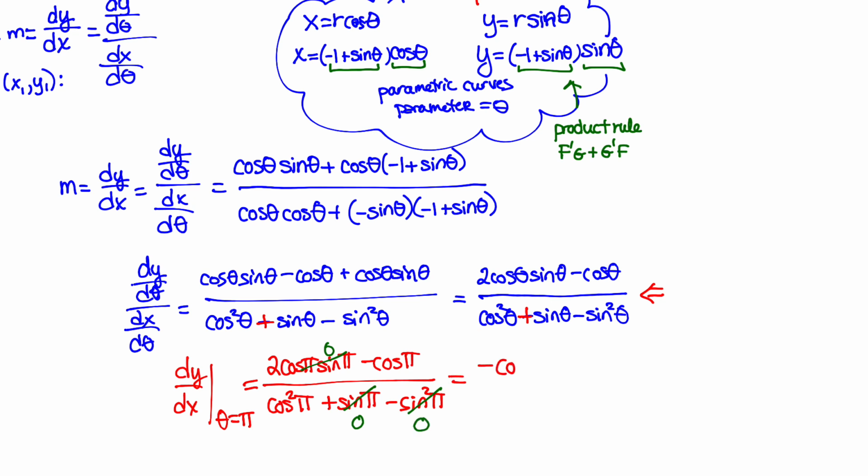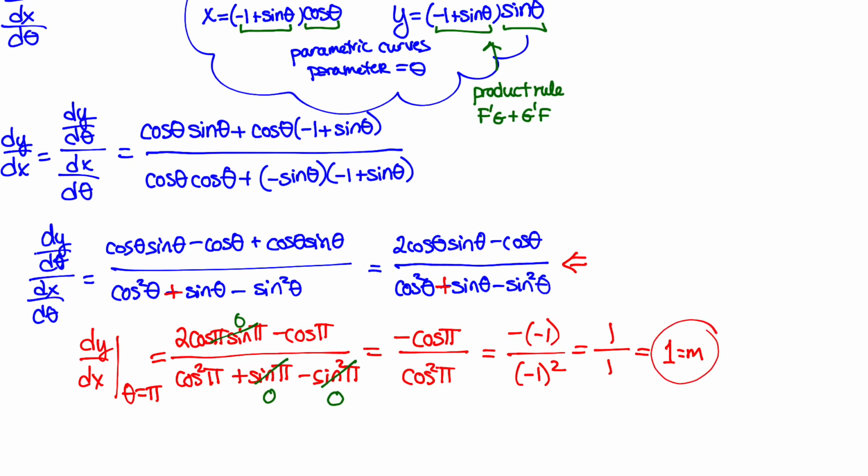So that's just the negative cosine of pi over cosine squared of pi. Are you guys getting that your slope is 1? So I'm getting that my slope is 1.